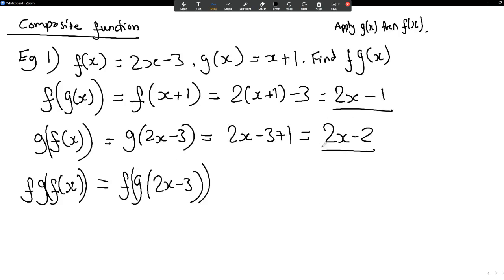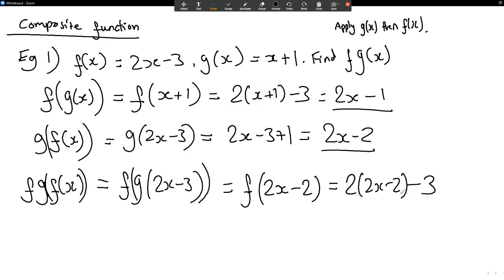That equals 2x minus 2. So we can put that in f. And now we can just substitute this into here, and we'll get 2(2x minus 2) minus 3. And that will equal 4x minus 4 minus 3, which is 4x minus 7. And that's how you do composite functions.